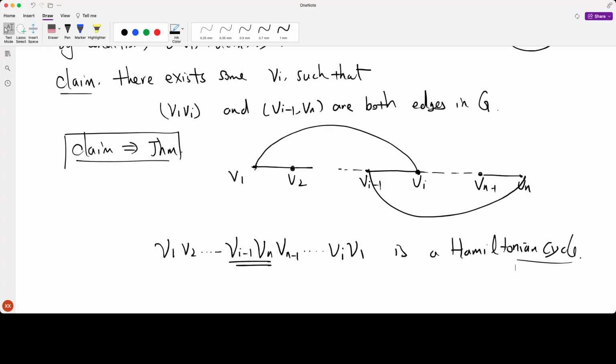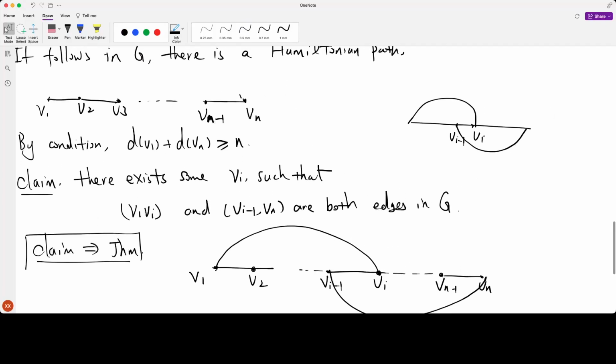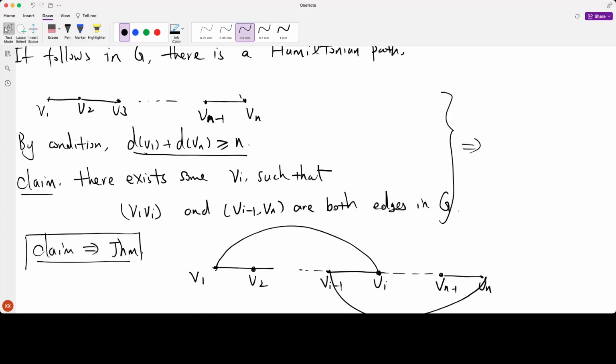So it remains for us to prove the claim. The claim is also not difficult. You really just need, let me try to prove the claim just right here. So let me try to prove the claim on the right side of this, because I need this condition and I need to look at this picture. Okay, for example, let's write vi1, vi2 until vik to be the neighbors of v1.